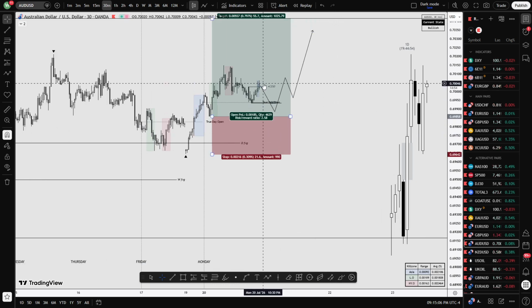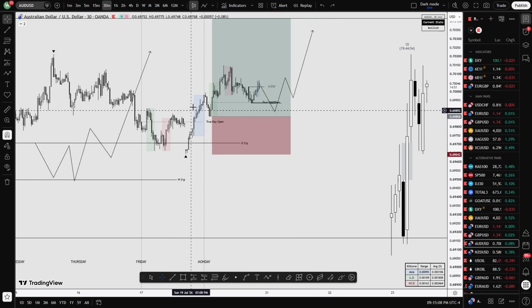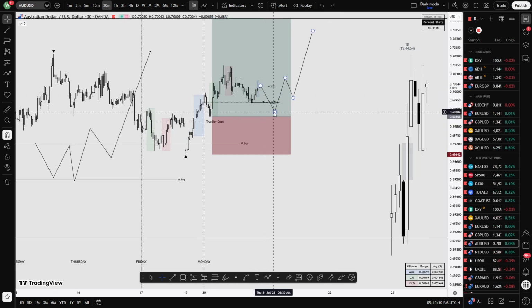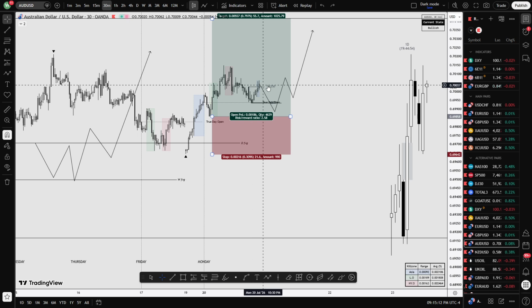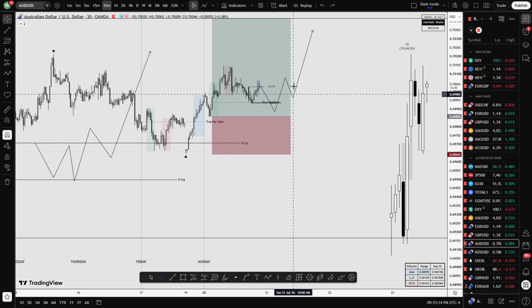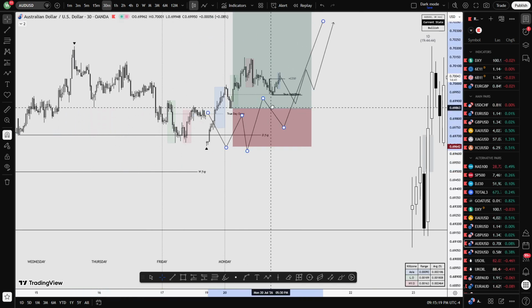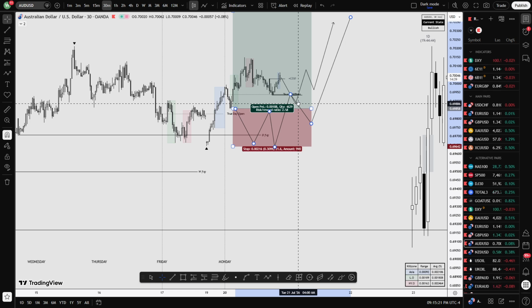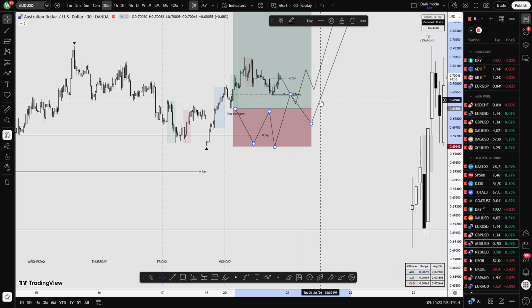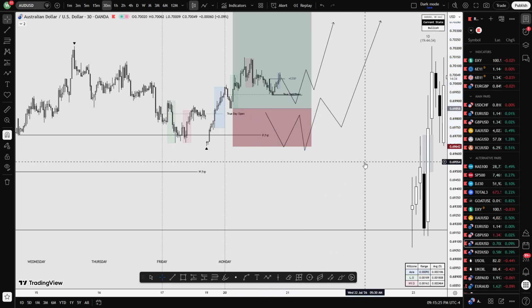So we can either do this: sweep this low, break above this high, and then continue higher. Or we could also come back down into this zone here.